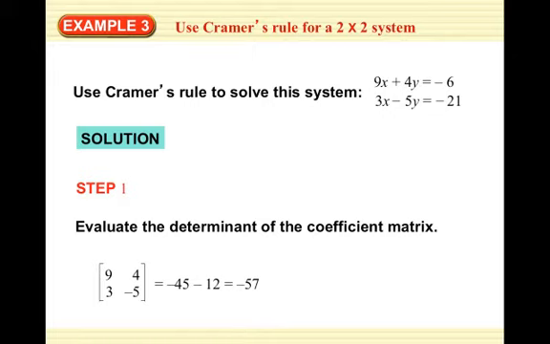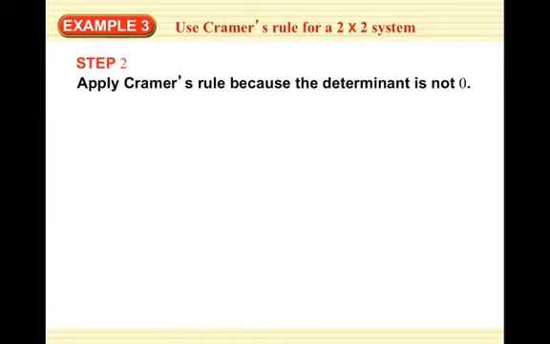So it's the major diagonal minus the product of the minor diagonal, and that's negative 57. So that's going to be our denominator for our x and our y. Cramer's rule can be applied because the determinant is not 0, so we can continue.